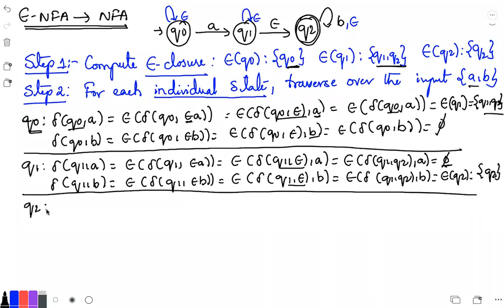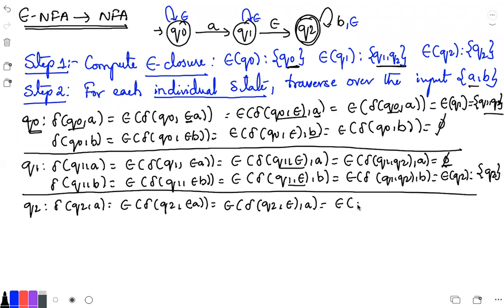So take Q2. Delta of Q2 on A. It's epsilon closure of delta of epsilon closure of Q2 on A. Epsilon closure of Q2 is Q2 itself. So Q2 on A, nothing, right?